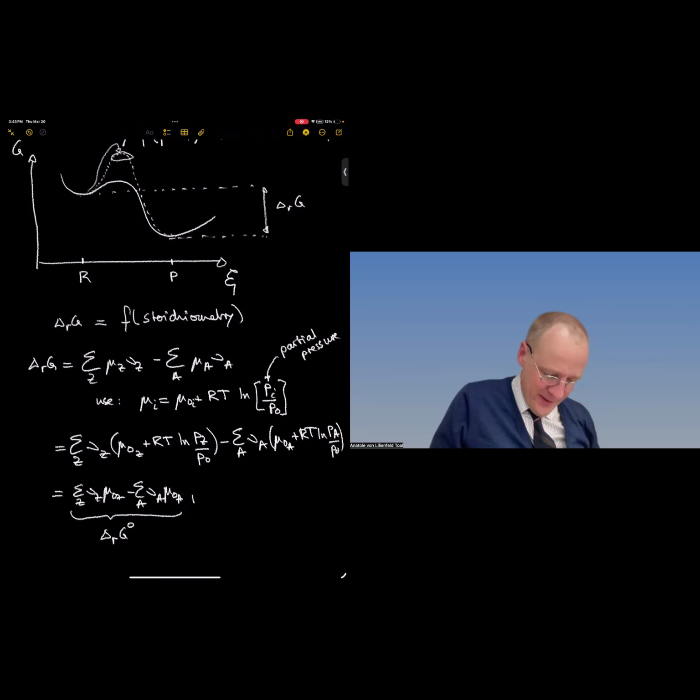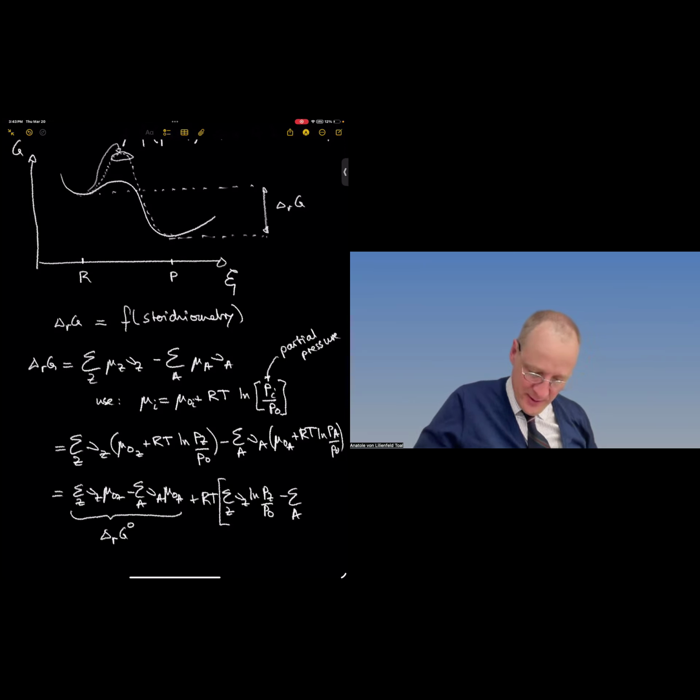And then we have the interesting parts: RT times the sum over z of nu_c logarithm of p_z over p0, minus the sum over a of nu_a logarithm of p_a over p0.